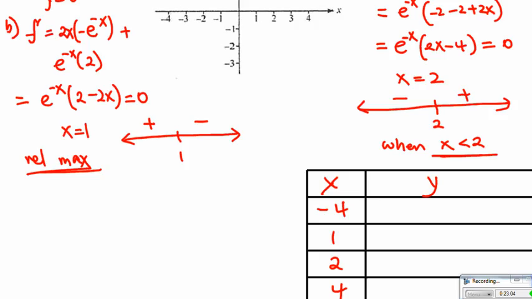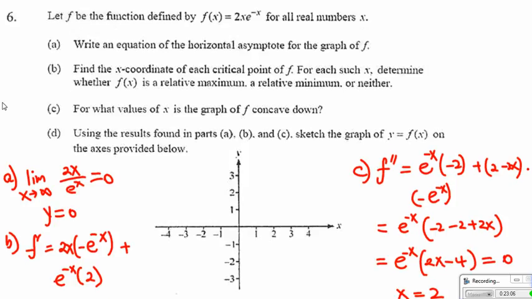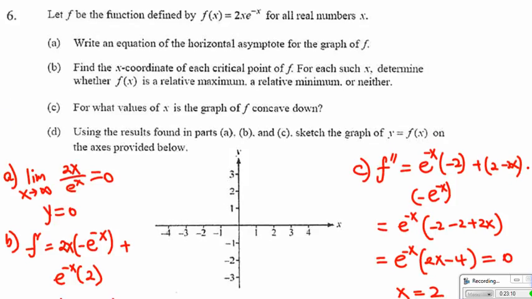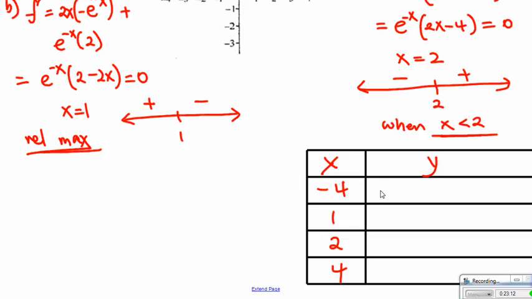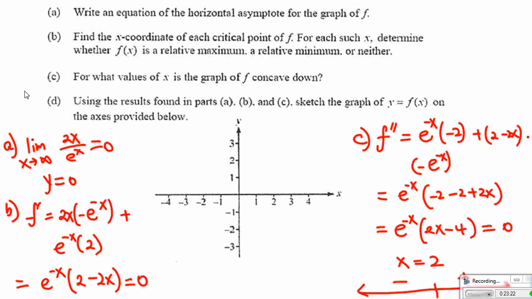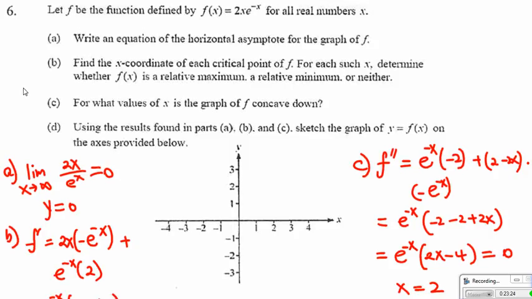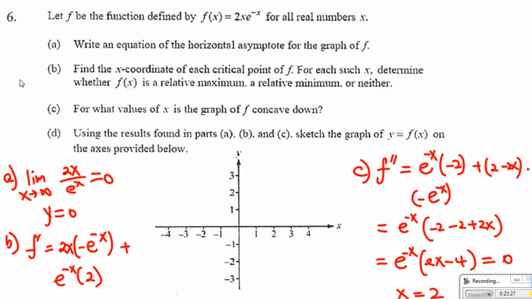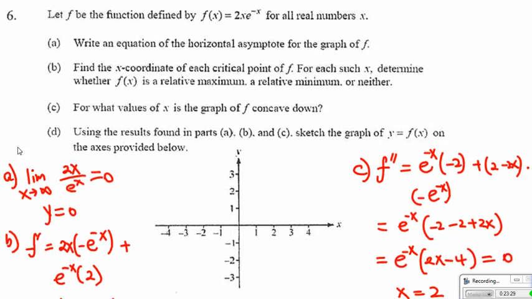So when x equals negative 4, we can plot the value right over here. It becomes 8 times e to the 4th power, which is a very, very large number. Oops, actually we have negative 8.